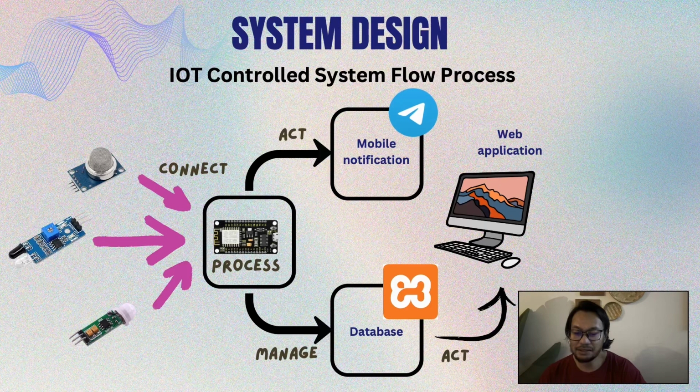Eventually, data is sent to a cloud database, XAMPP. We use XAMPP via Wi-Fi, enabling real-time monitoring on the website, and Telegram notifies the instant alert directly to the user's mobile device, ensuring a responsive and seamless system.